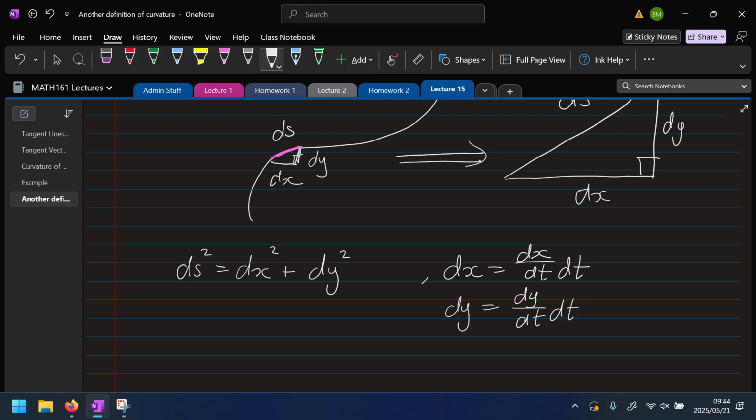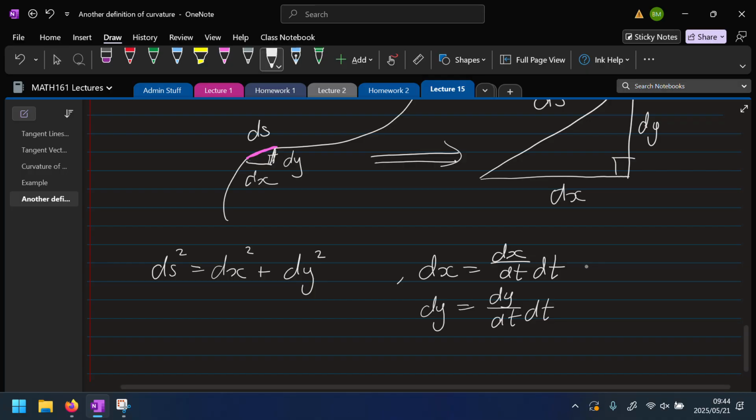That's just from differentials. We covered that a long time ago. Now dx by dt, I'm going to write that as x dot, and dy by dt, I'm going to write that as y dot. Now I'm just going to substitute that into this equation here.